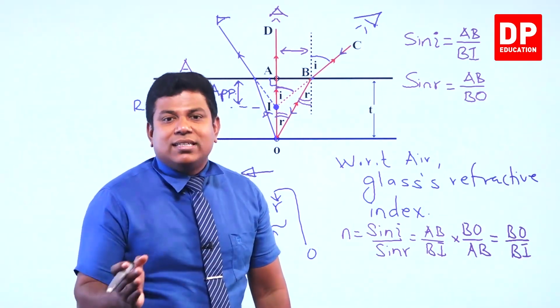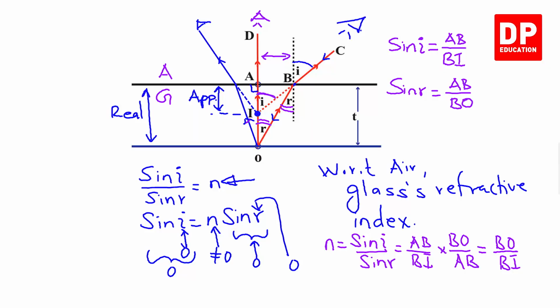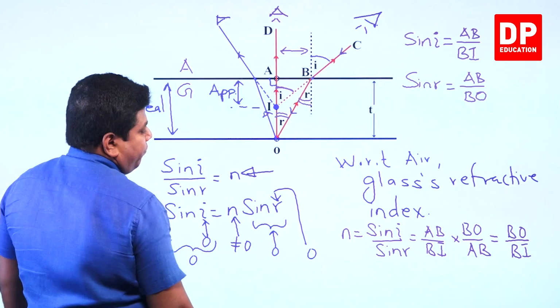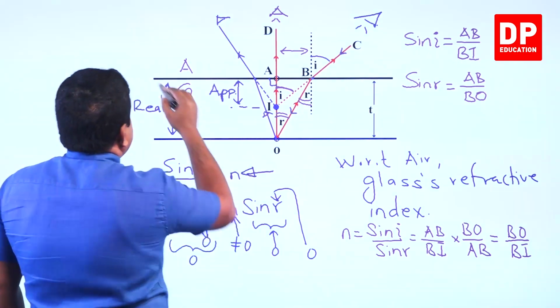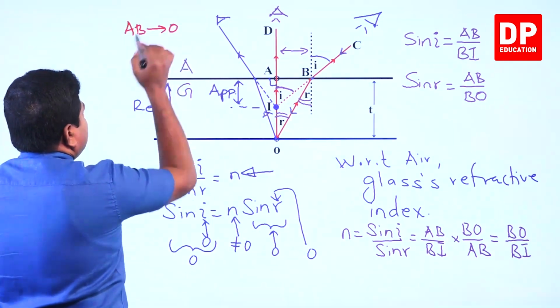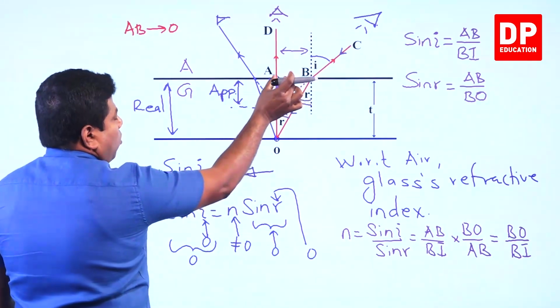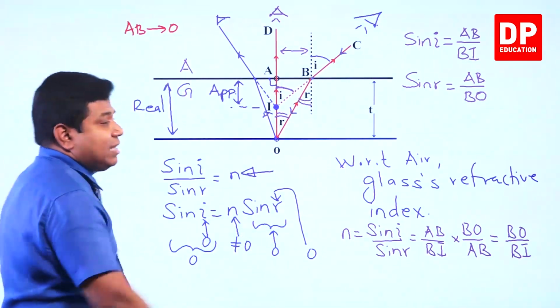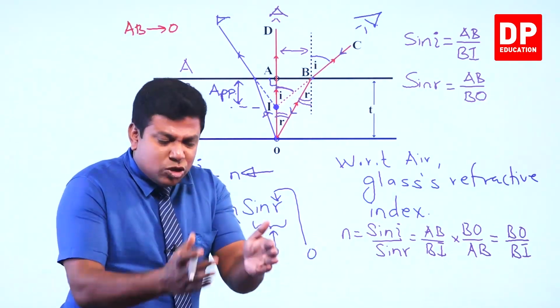It's a small distance that I have shifted. See what happens if AB is negligible. If AB approaches 0, if AB becomes smaller, this is how we write it. AB is a small distance.